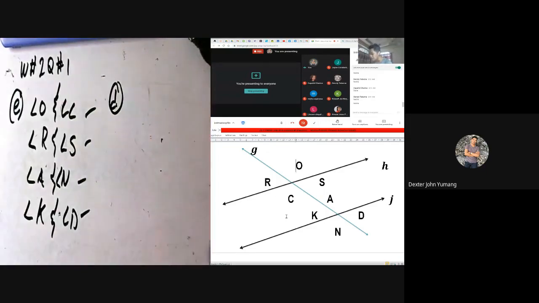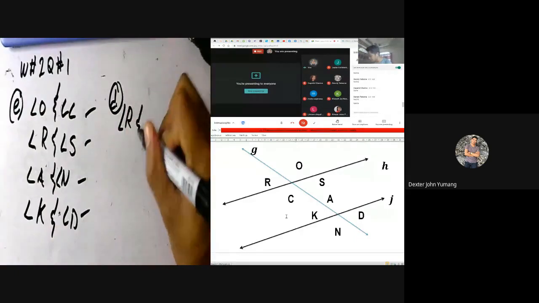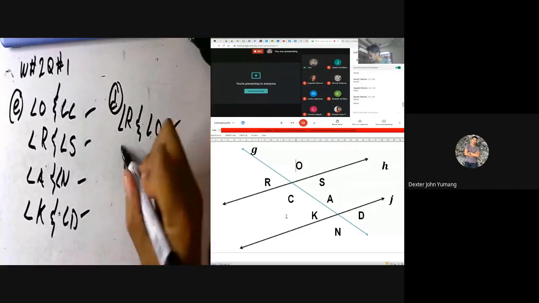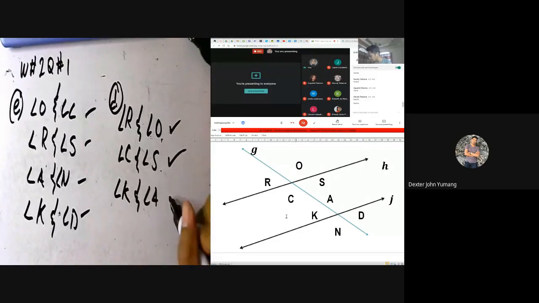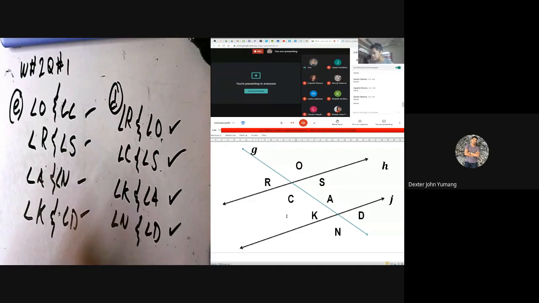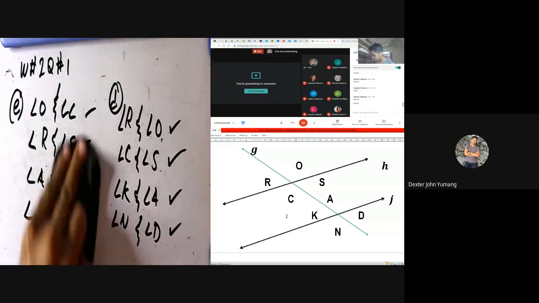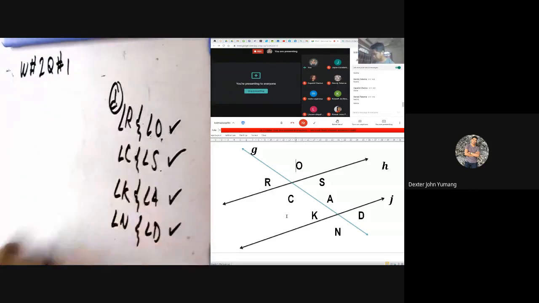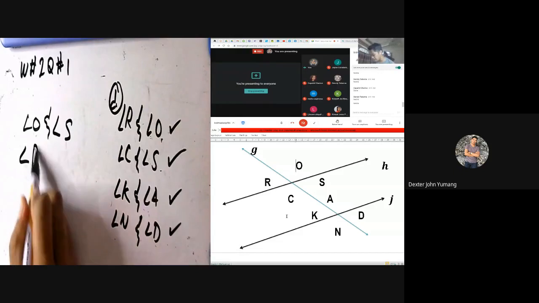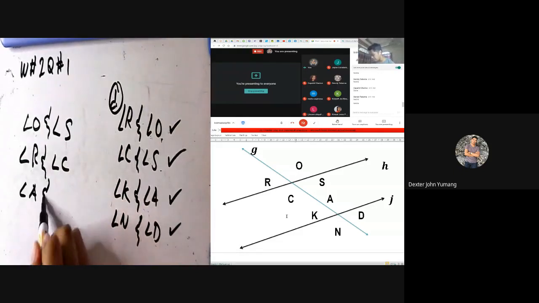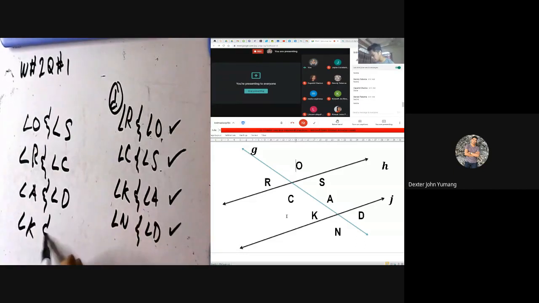Nakabuo ng straight line: angle R and angle O. Next, angle C and angle S. Next, angle K and angle A. Next, angle N and angle D. Kabilang side naman, we have angle O and angle S, angle R and angle C, angle A and angle D, and angle K and angle N. Okay. So, yan po yung sagot natin.